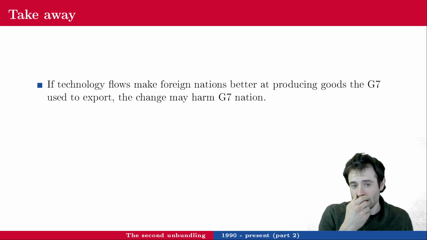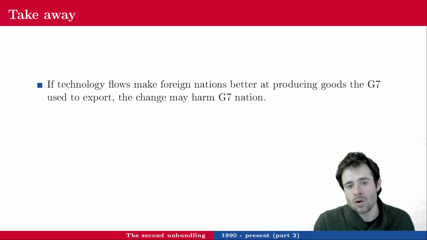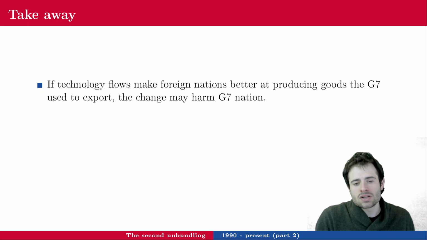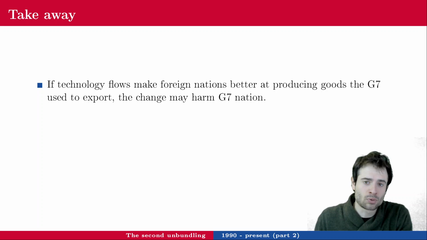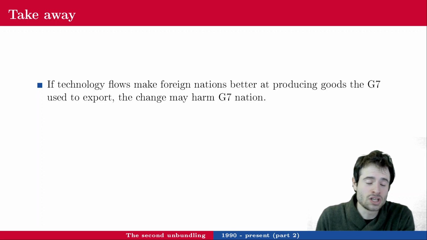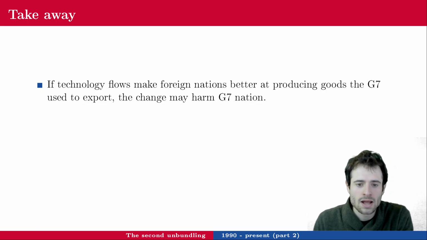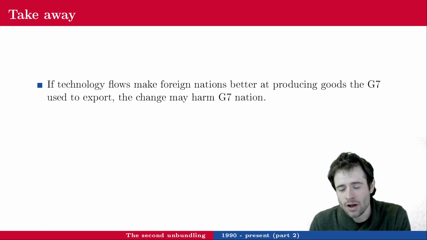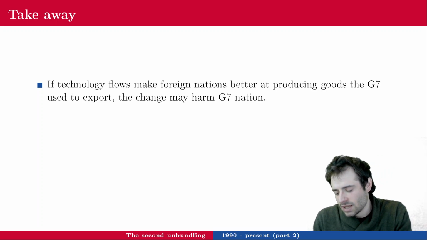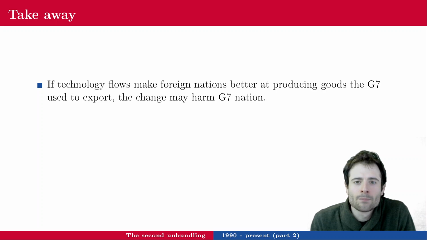So the takeaway is that if technology flows make foreign nations better at producing goods than the G7 countries used to export, the change may harm G7 nations. And again, I'll mention this again, but the extreme right political parties in Western countries then say, those countries are stealing our jobs.